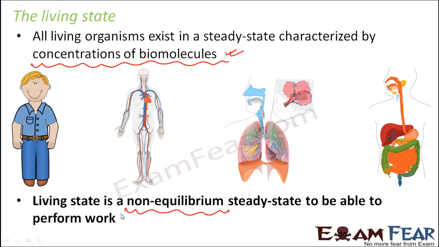Whenever both temperatures become equal, there will be no flow of heat. Similarly, if the entire body is in equilibrium, there will be no work. Nothing will work inside your body. But there are so many things happening inside your body, because the overall state is non-equilibrium, so that all the biomolecules inside your body are able to perform some work and keep you living. That is how a living state is defined.